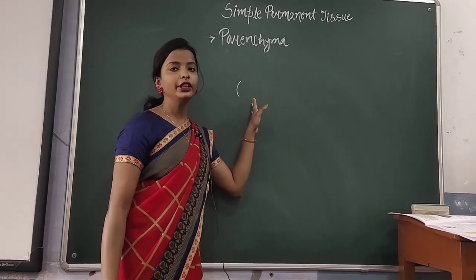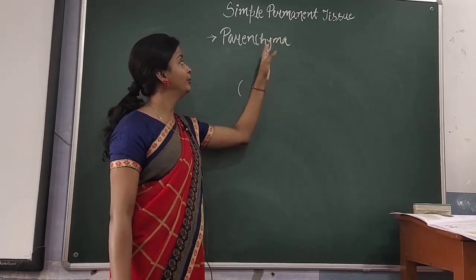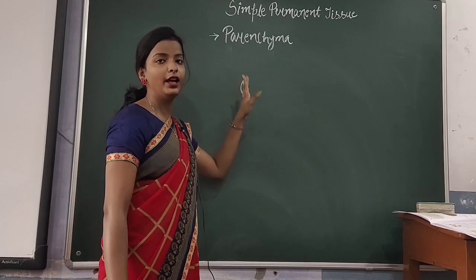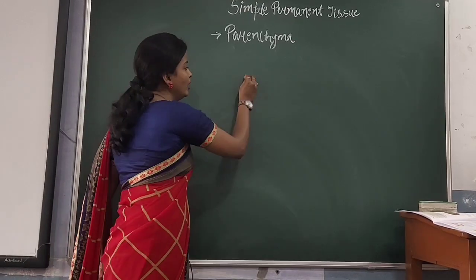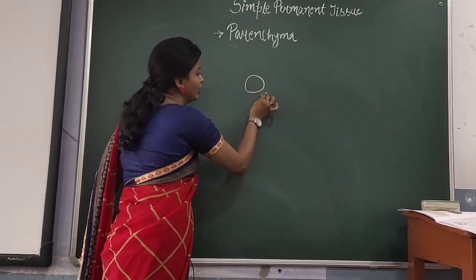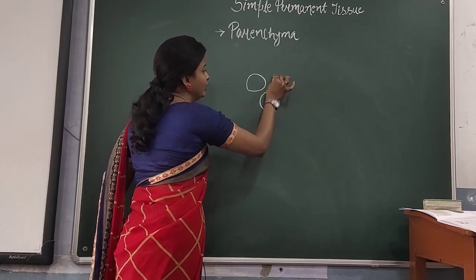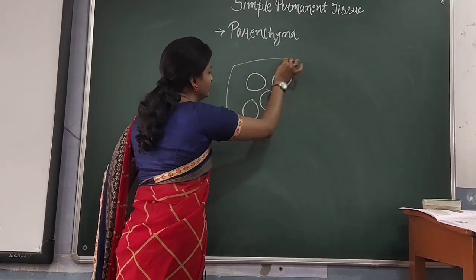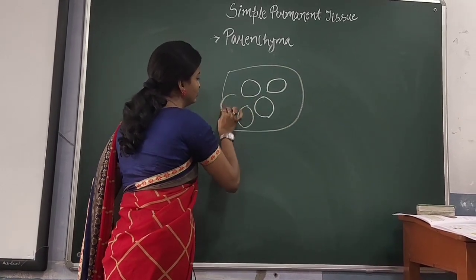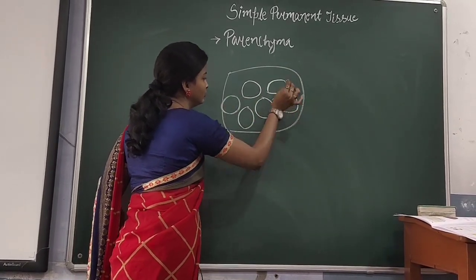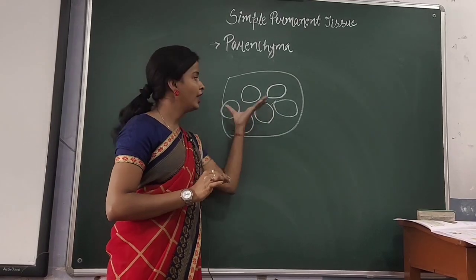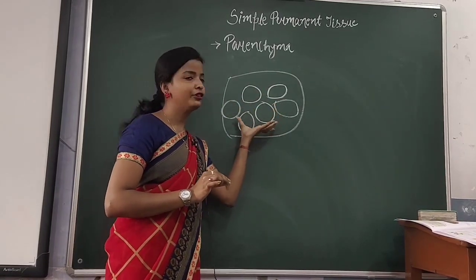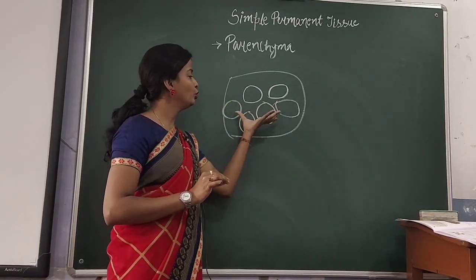So, the cells or the tissues of the simple permanent tissue, that of parenchyma, they are loosely packed. How? Suppose this is one tissue, then this is another tissue, this is another tissue, this is another tissue. This is a parenchyma cell, and the cells, or you can say group of cells, tissues, they are loosely packed.